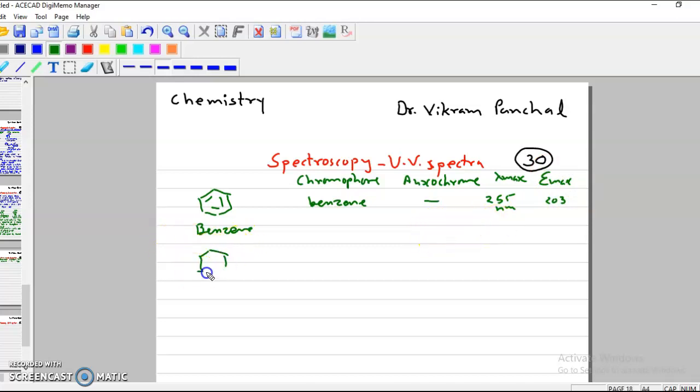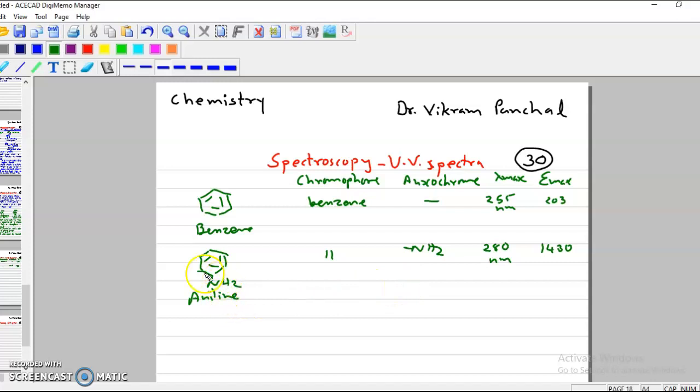But if you take aniline, then it has benzene as chromophore and the NH2 group as auxochrome, and you will find lambda maxima 250 nanometer and epsilon about 1430 liter mole inverse centimeter inverse.